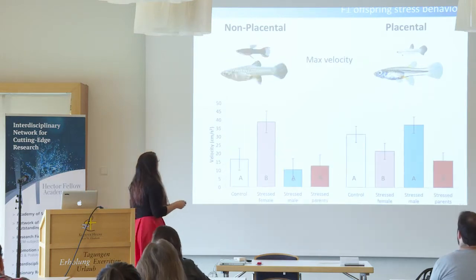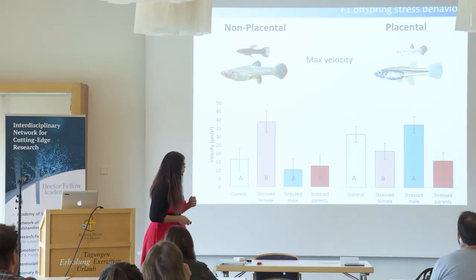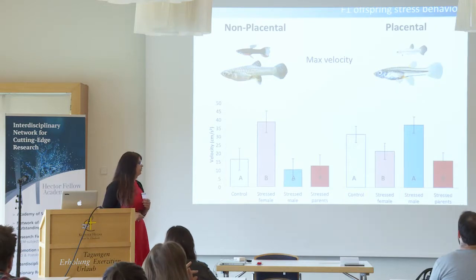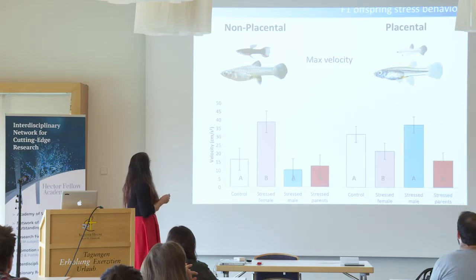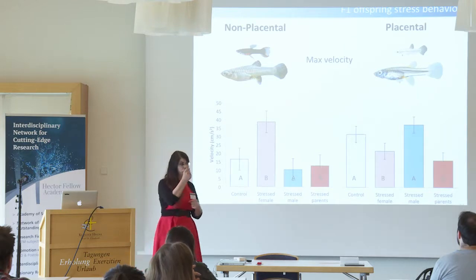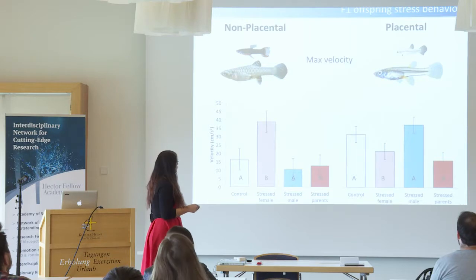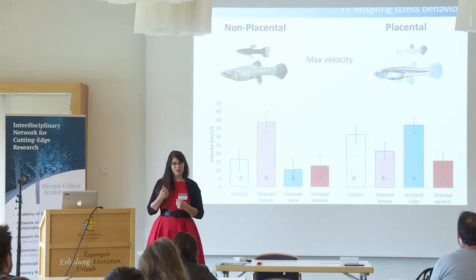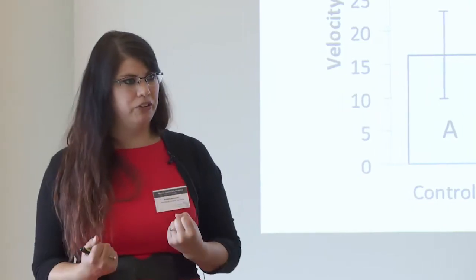Now, the max velocity, so remember, this is that burst speed, that escape behavior, how fast they moved during this entire time. We're seeing that it's really the females that are having different effects. Stressed females of the non-placental species can move really, really fast. So this is good, a good escape behavior. On the other hand, in our placental species, the stressed females move very, very slow, or at least offspring from stressed females and from both parental stress move very slow.